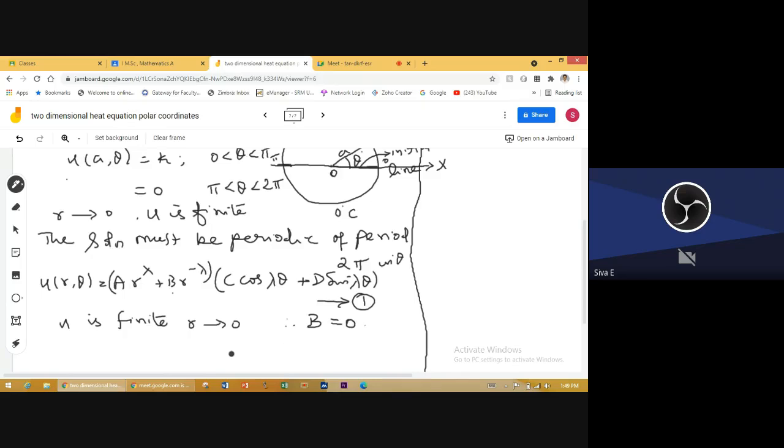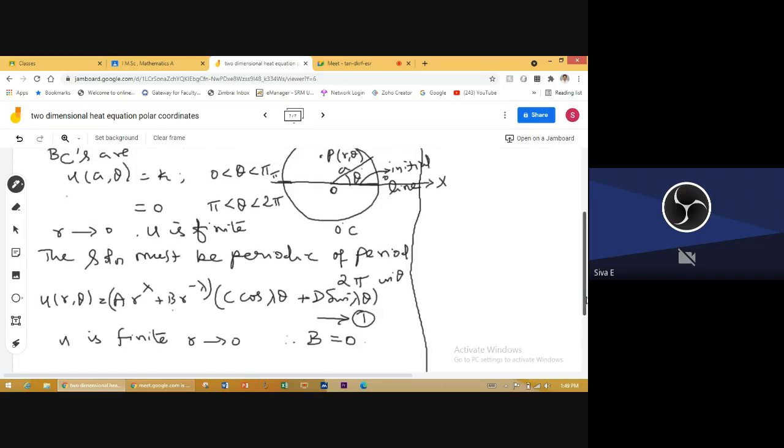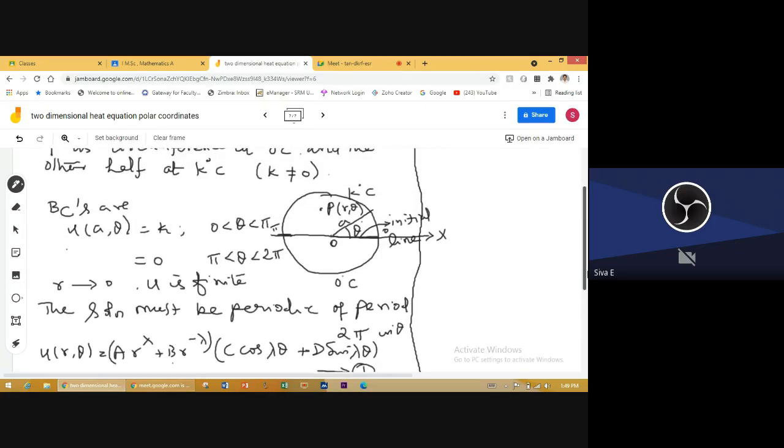B equal to 0. We are applying the first boundary condition and the second boundary condition.